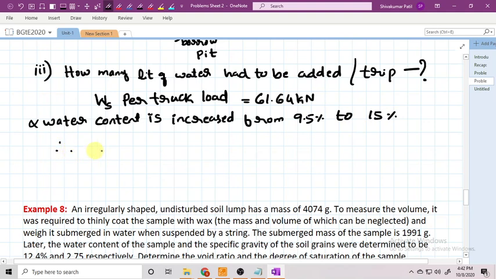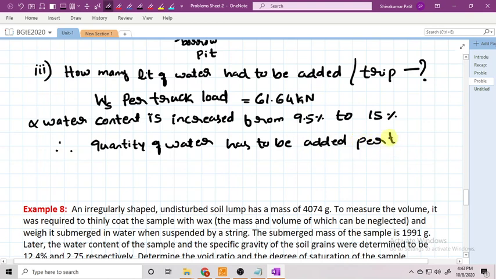So the quantity of water has to be added per truckload. How can I calculate?